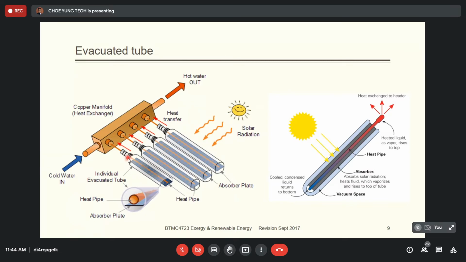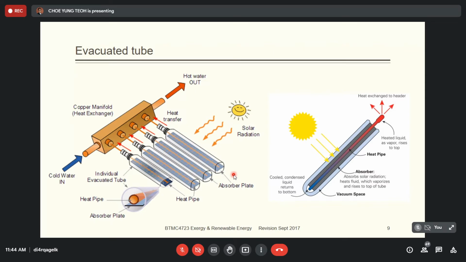But now you minimize the heat loss due to conduction. Because we want to make the tube vacuum, the cost will be much higher compared to the flat plate collector.